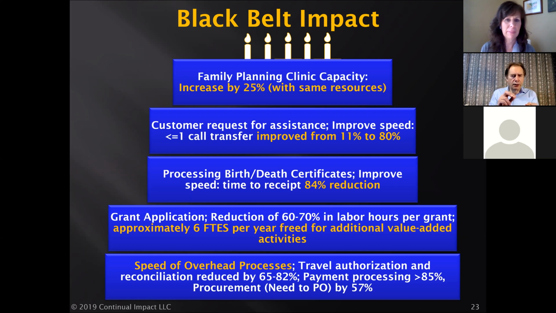I mean, take a look at the numbers. 25% improvements, even 80% improvements in speed and time. Significant reductions in quality problems, and freeing up labor that can be used better in a different area of the organization for adding value in all kinds of processes.